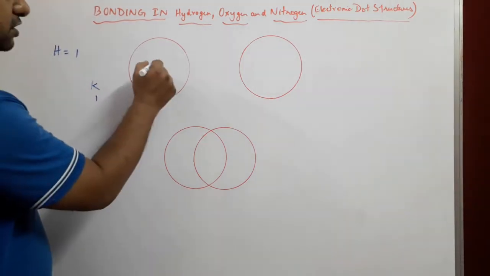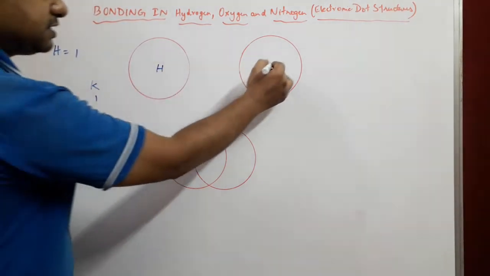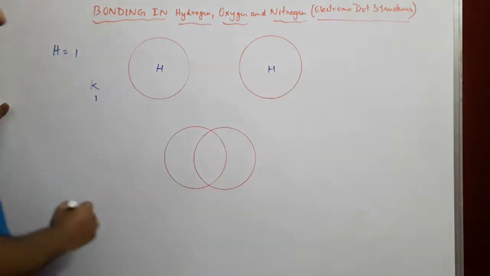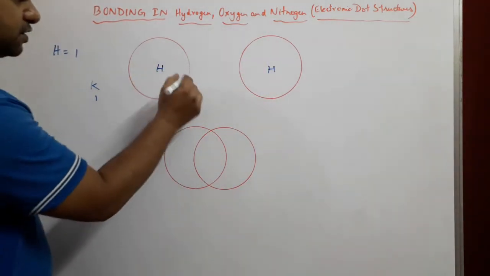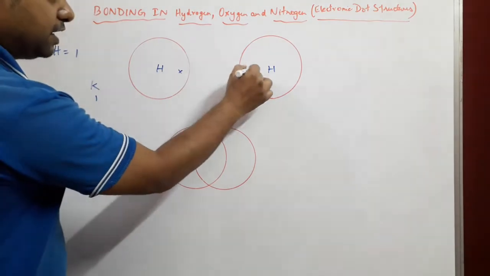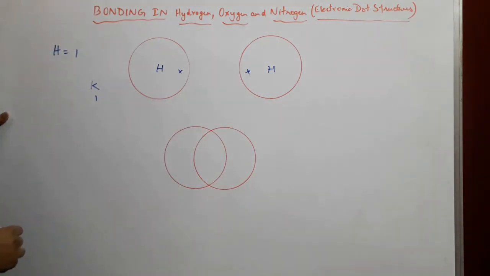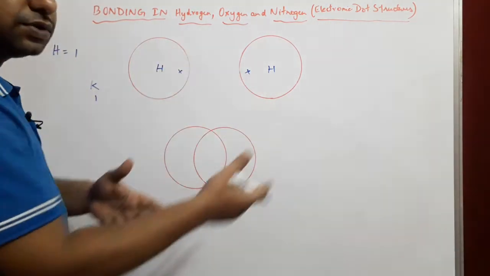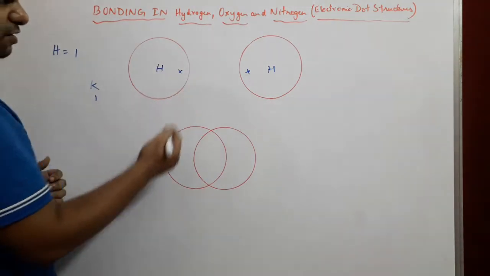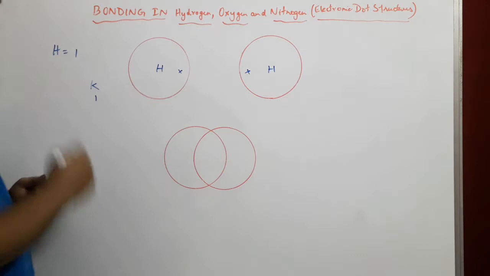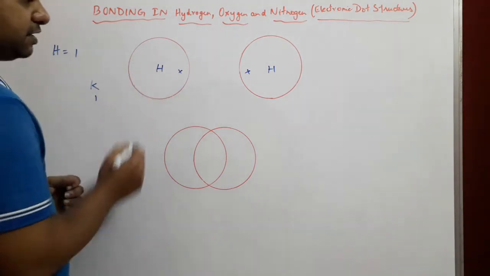So if we take these two circles as two hydrogen atoms, they will have just one electron each. They can't lose that electron, neither can they gain an electron. They can't lose it because it is tightly held by the nucleus of the hydrogen atom.